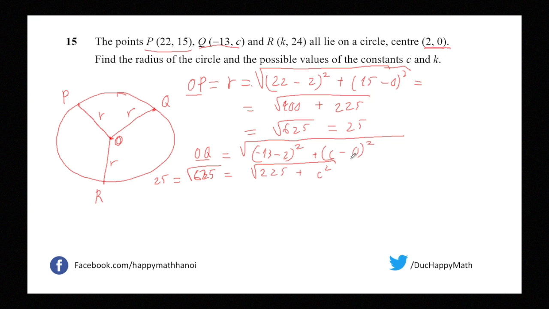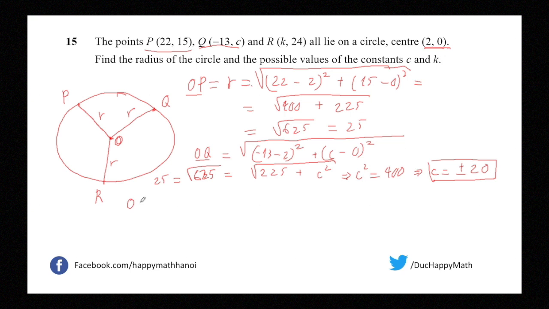Okay, so C squared will be equal to 400. So you will get that the value of C is plus or minus 20. It's not only 20, C can also be equal to minus 20, because if you take the square of minus 20, you also get the 400 result.